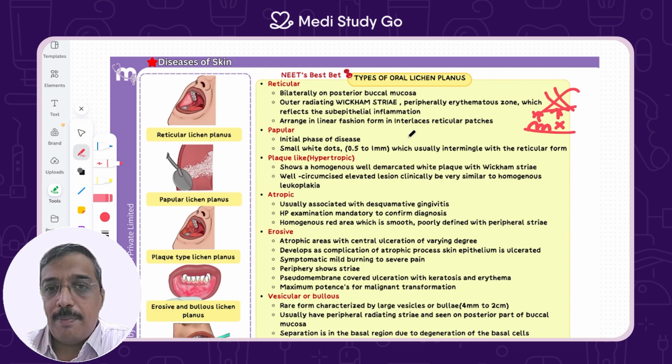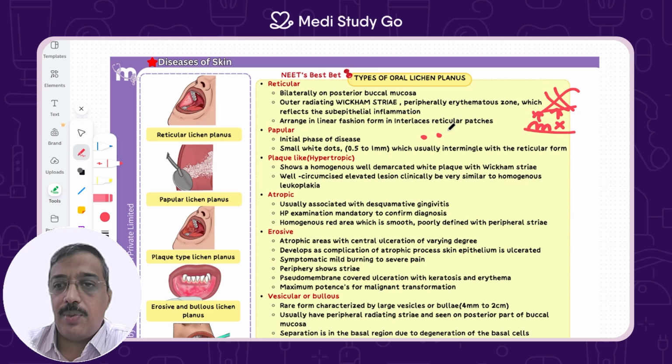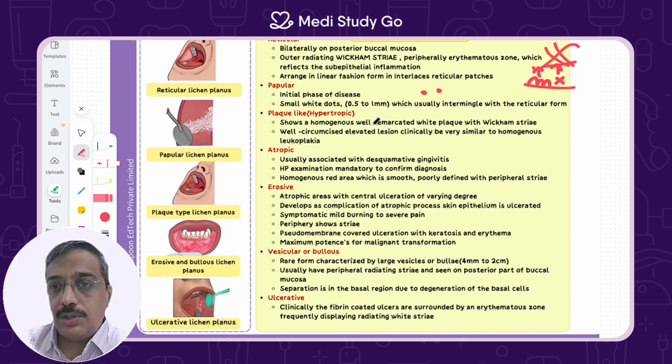It can also form papules, and this papular lichen planus will be small white dots, 0.5 to 1 millimeter in diameter. You can have extensive lesions like a plaque, and it also shows a very well-defined white plaque.